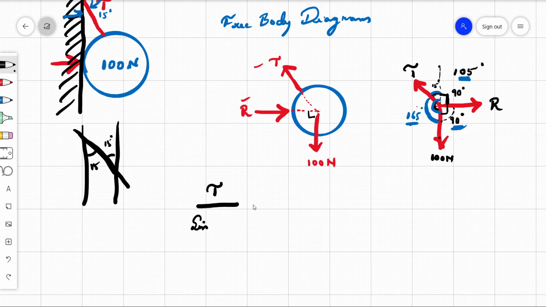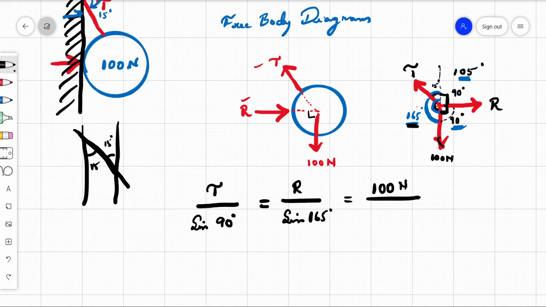The opposite angle is this 90 degree, is equal to the next force R divided by sine of its opposite angle, that is 165 degree, is equal to 100 Newton divided by sine of its opposite angle, that is 105 degree.